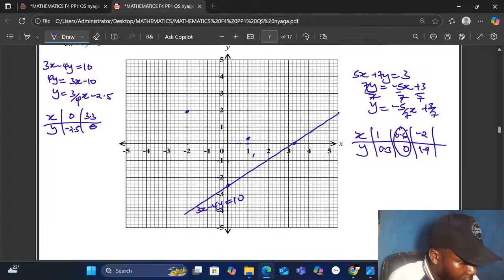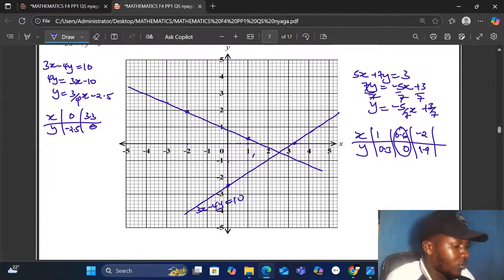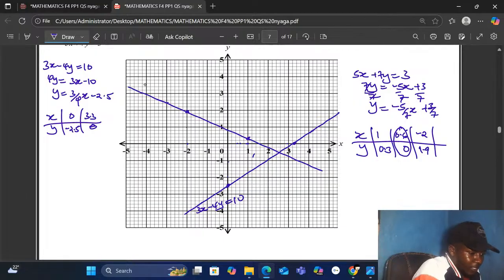So we join the 2 points. That is what we are having, and this is 5x plus 7y is equal to 3.